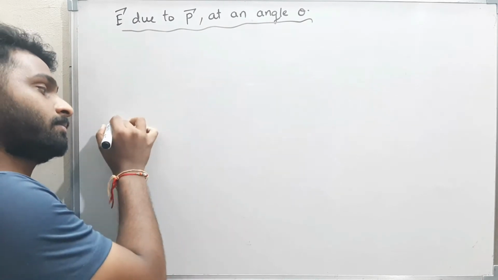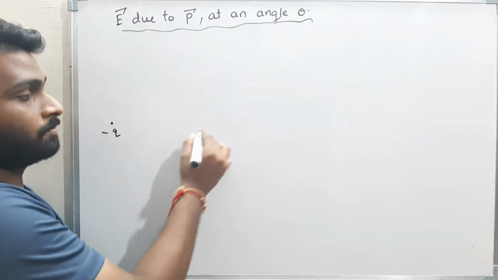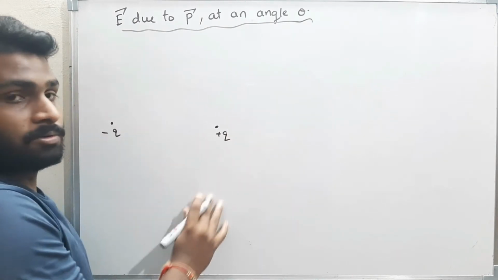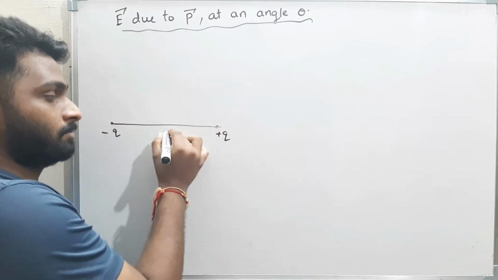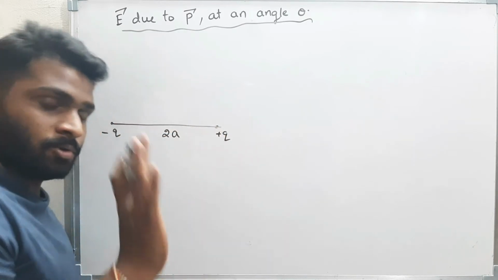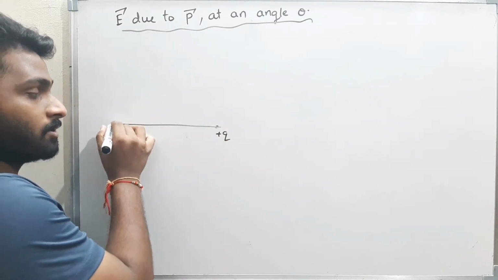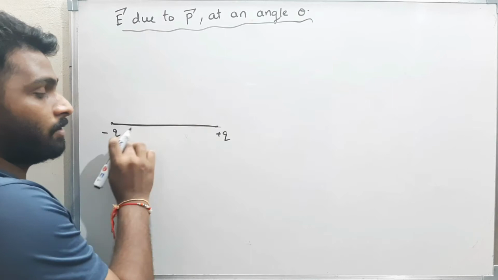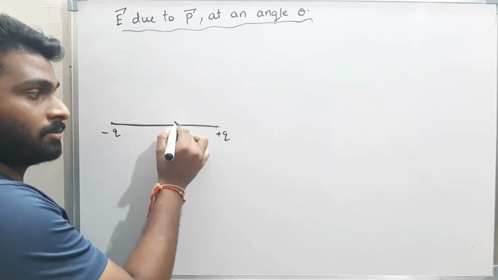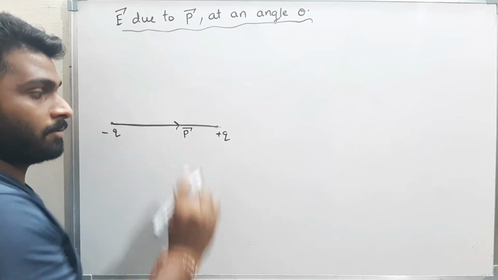Okay, now see here. This is minus q and this is plus q, and the distance between them is 2a. Now what is the dipole moment direction? This is the dipole moment direction, always from minus charge to plus charge. This is p bar.